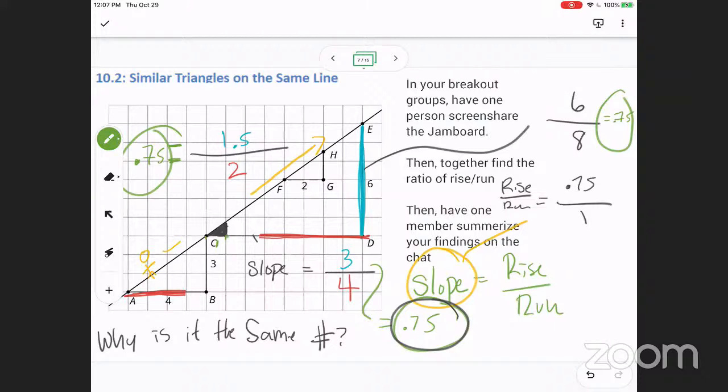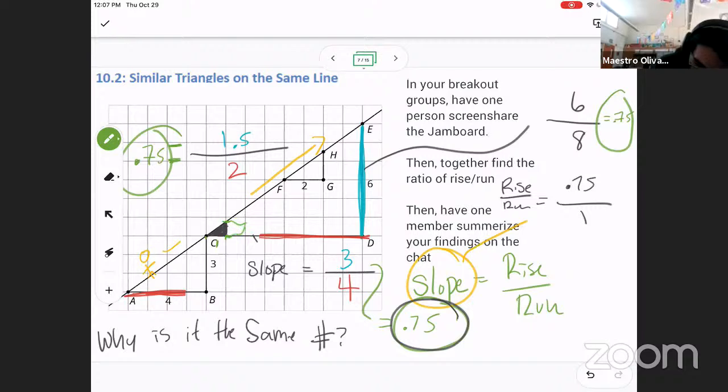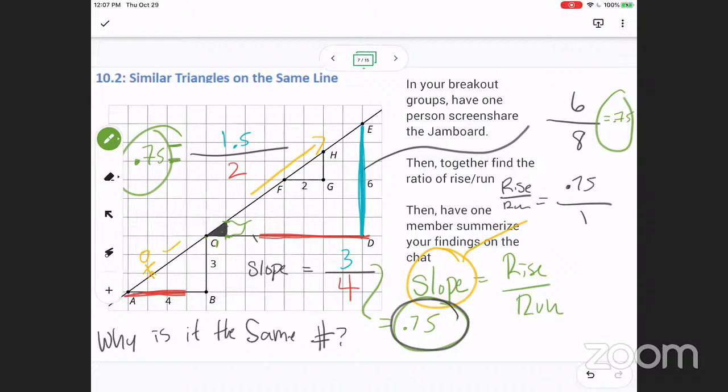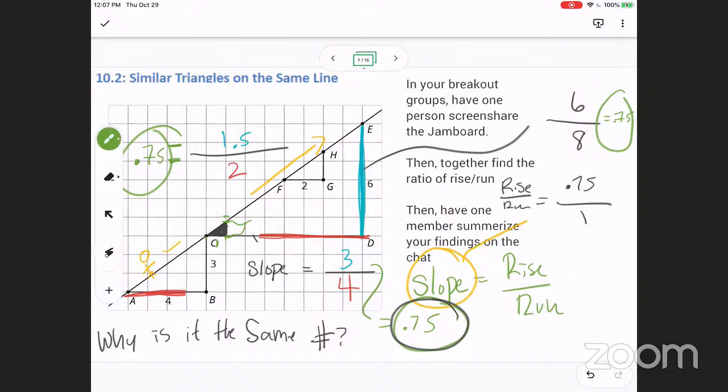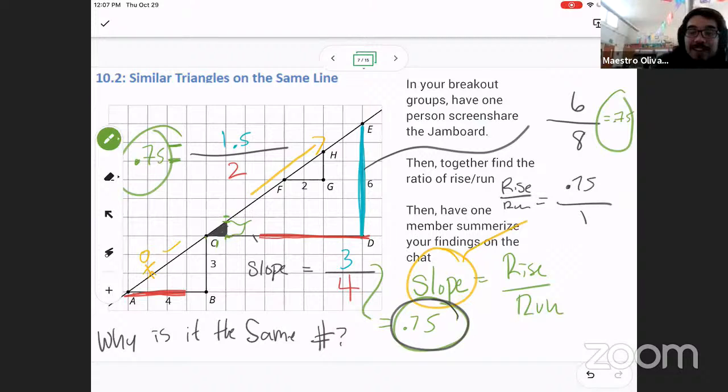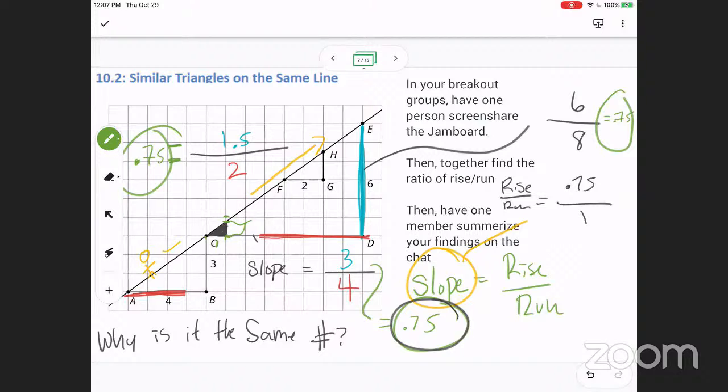Can somebody tell me what this measures here? ¿Cuánto mide esto de aquí? This little portion right here. It's not 1. It looks like it's 1, but it's not. Ooh, you're super close. 0.25?